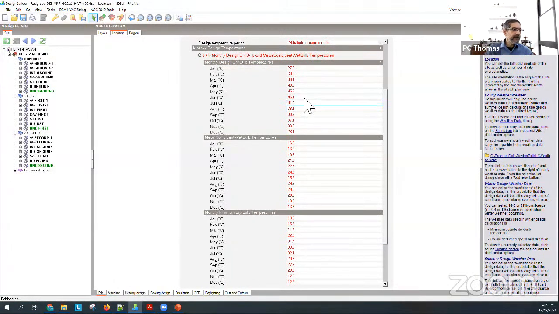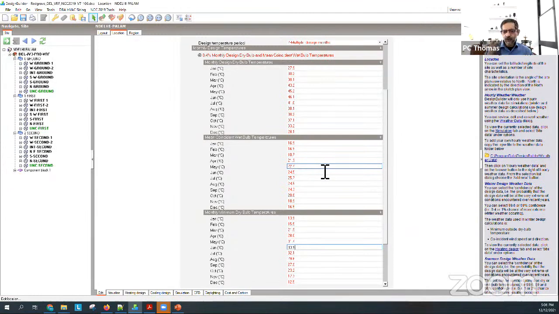So you can see here that May has 45.2, June has 46.1, and at the same time, the coincident wet bulb is 22.5, 24.5. And this one gives you the minimum temperature at night. So you can see here that that's a really uncomfortable day. It goes from 45.2, and at night you're still 31.4. In June, you're 33.9, which is really quite uncomfortable condition, right?